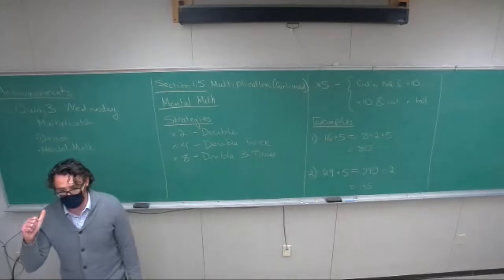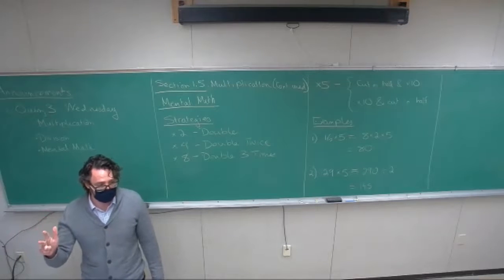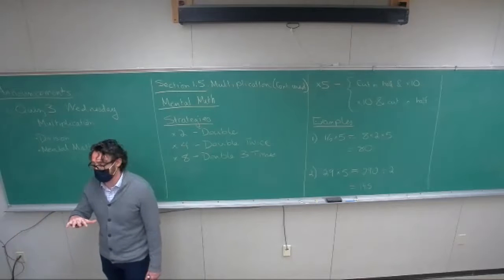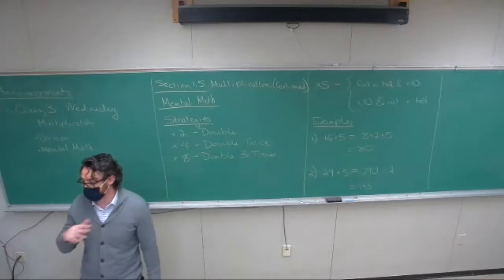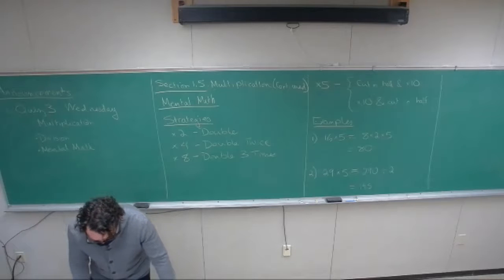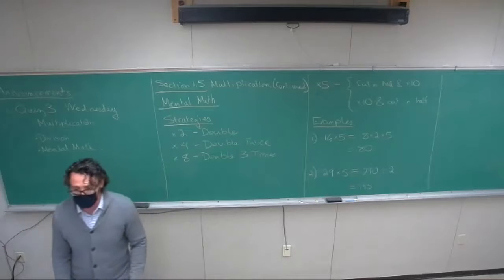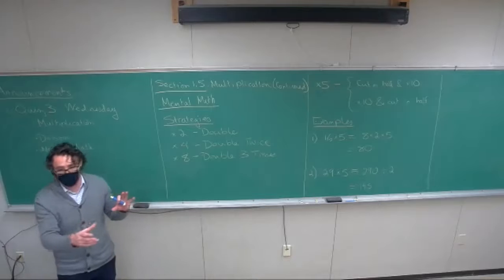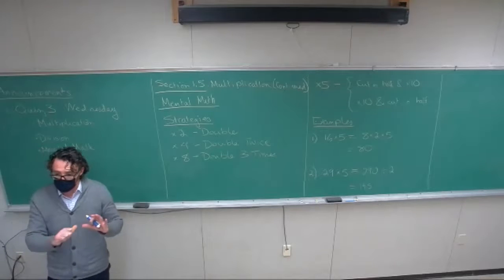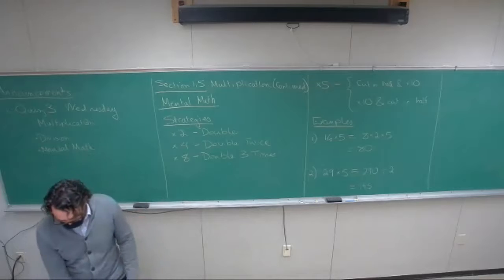So we got strategies for 2, 4, 8, 10, and 5, okay? Any math problems that have those numbers in them, we can easily do in our head, okay? And remember, the whole key of mental math is got to look at the whole picture, okay? Don't try to just plug and chug through the computations.